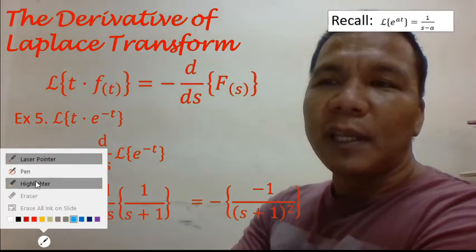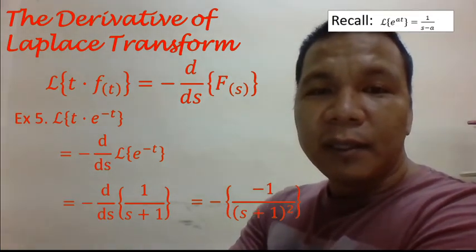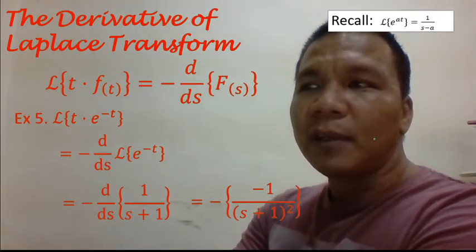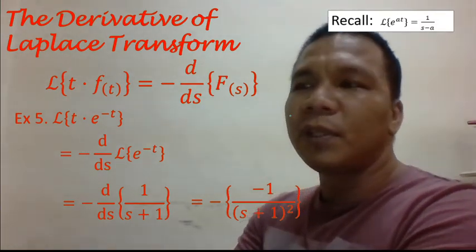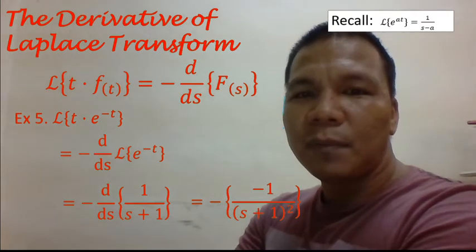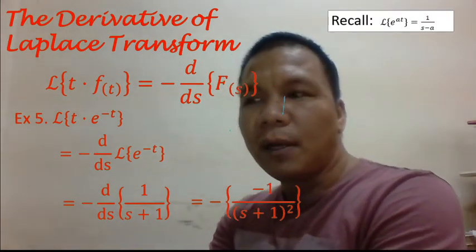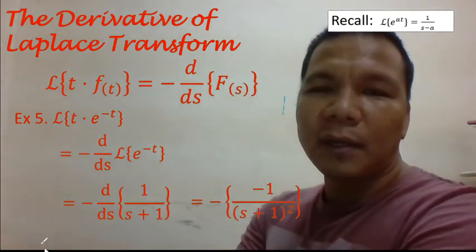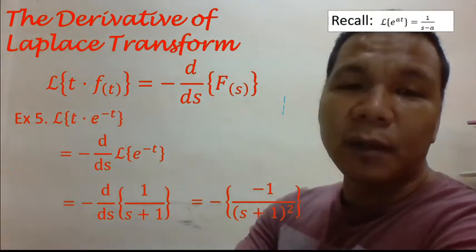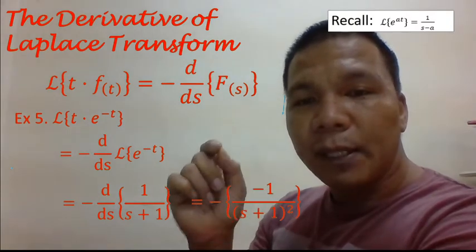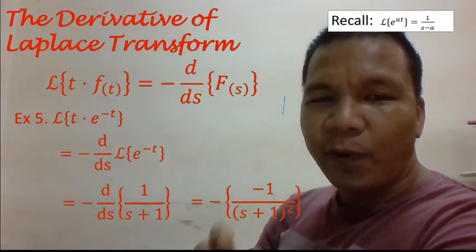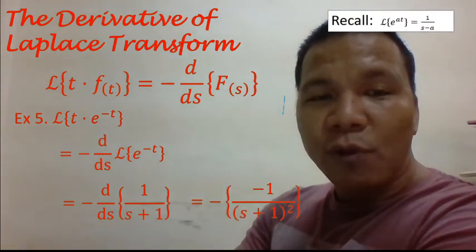The derivative, I will draw it here. You cannot see my drawing, so I'm sorry, but the derivative of 1 over u is simply negative 1 over u squared. In this case, this is 1 over u.